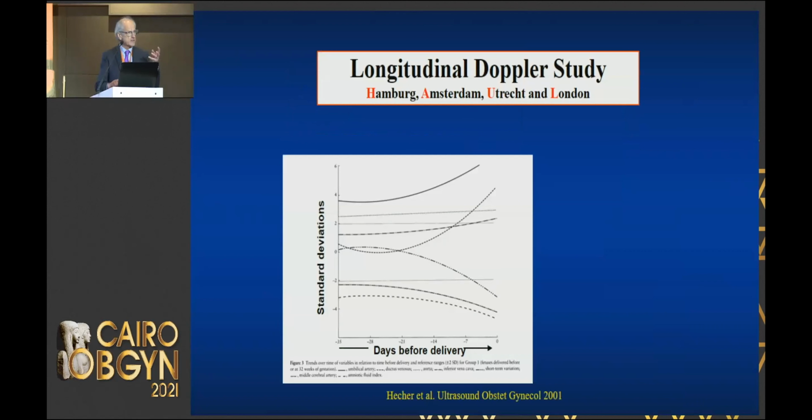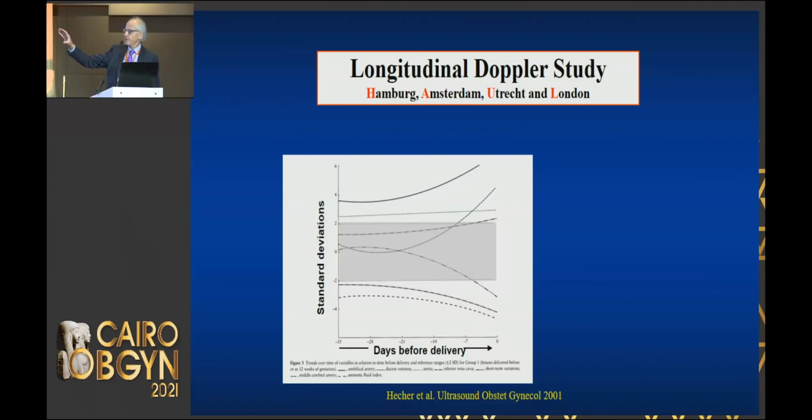The shaded area is the normal area, the normal measurements with plus minus 2 standard deviations. And we have observed them from up to 7 weeks before the indication for delivery.